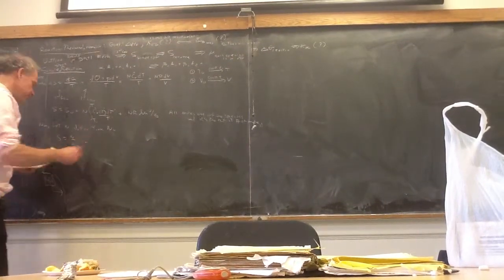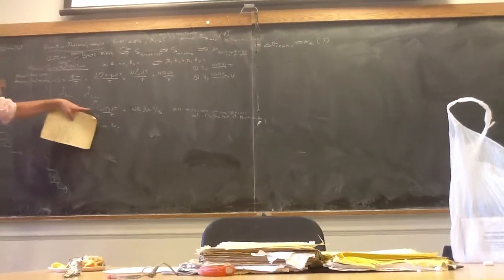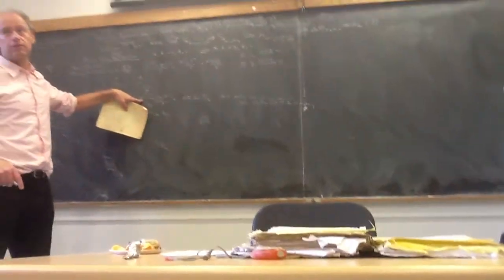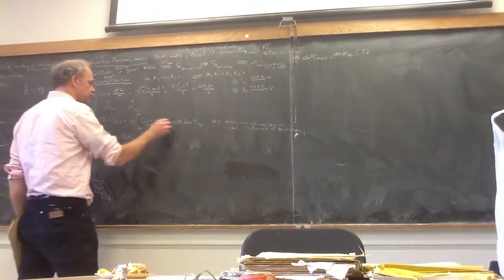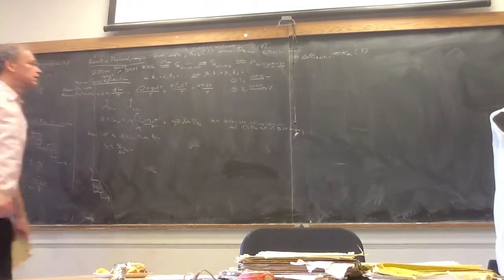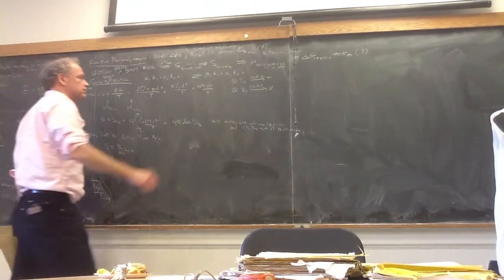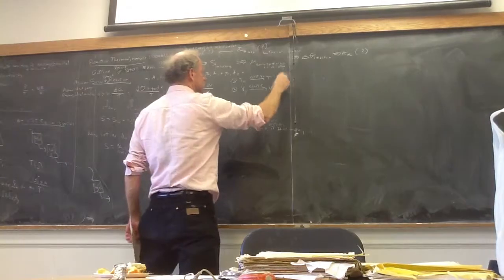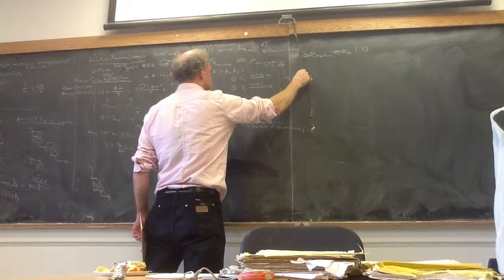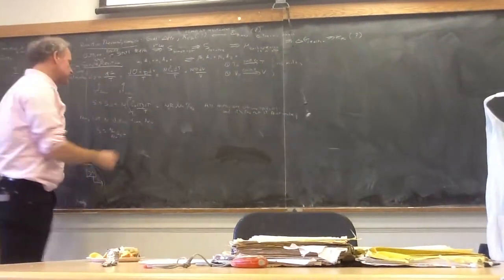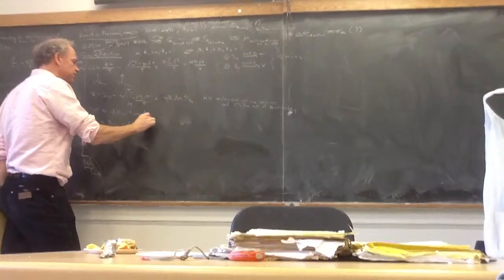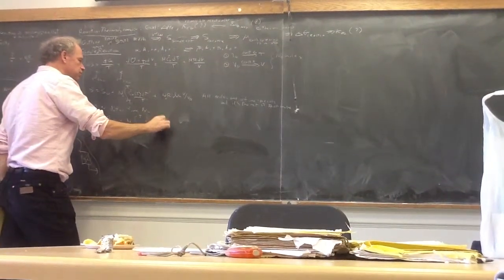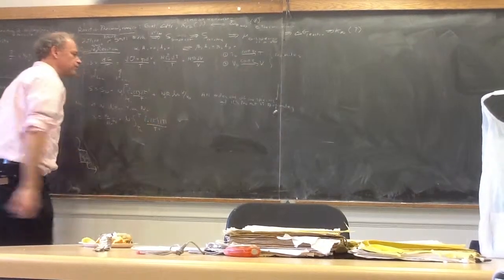I didn't write the zeros in here, so I should have actually written the n0s in. So now I have plus n times the integral from T0 to T of Cv hat of T prime, dT prime.